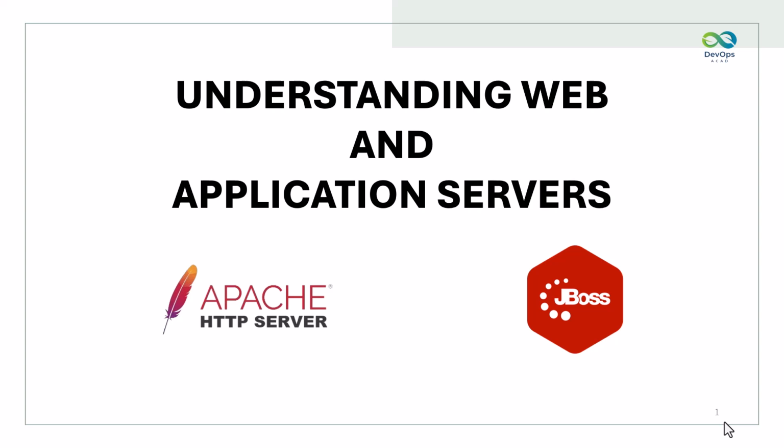We want to look at the similarities and the differences between them. We will also look at some popular web servers that we know, like Apache HTTP server, and some available application servers, like JBoss from Oracle. So let's get into the conversation today.